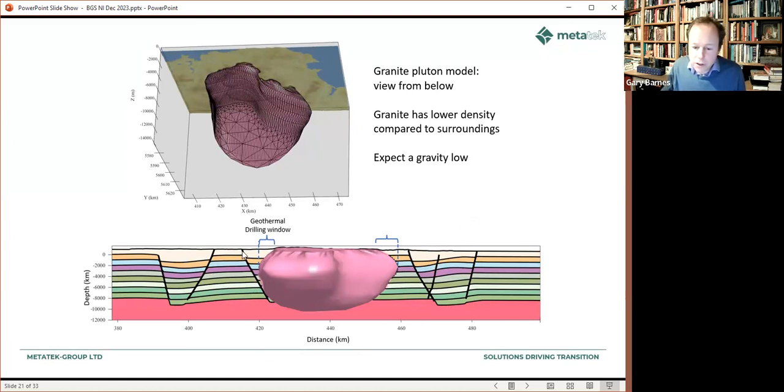So the challenge here is how well can gravity map that contact between the granitic intrusion and the host geology. In this case, because the granite has a low density compared to the fairly old hard rocks which are hosting it, we expect a gravity low corresponding to the granitic pluton.